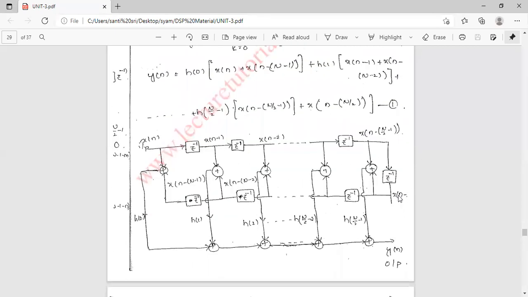Okay, so now we draw the direct form. So this is h of 0 into x of n plus x of n minus N minus 1, plus h of 1 into x of n minus 1 plus x of n minus N minus 2, and so on, like that up to x of n minus 2.